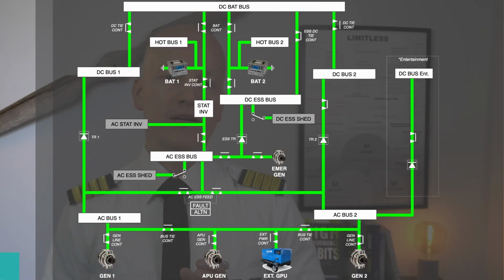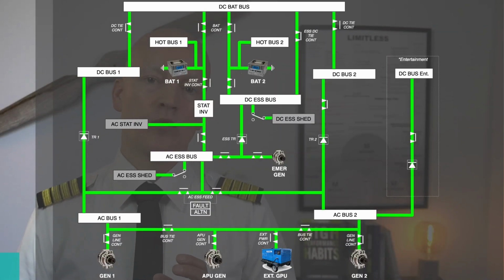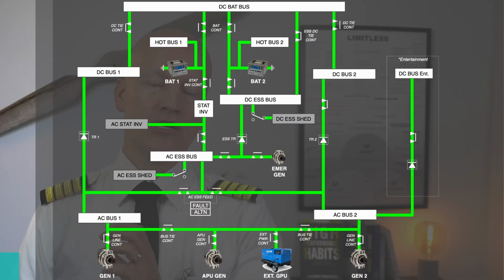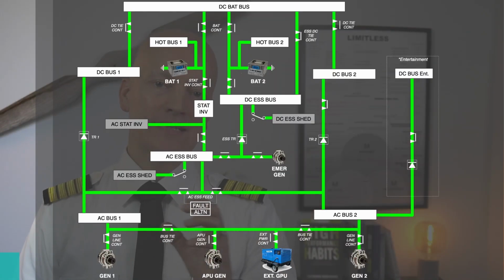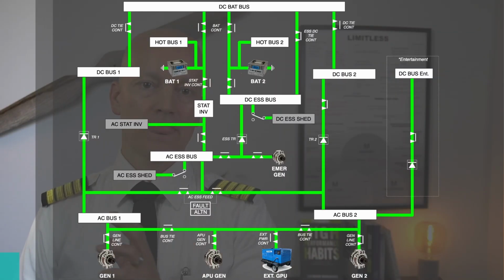If we start down here at the bottom with the main generators, we're looking at 2 engine-driven generators, Gen 1 and 2, and an APU generator, as well as a ground power unit.